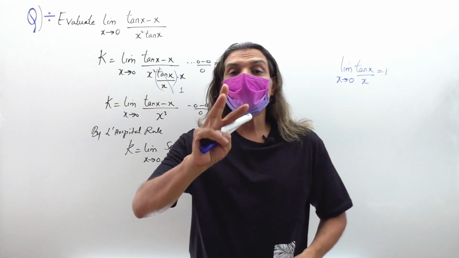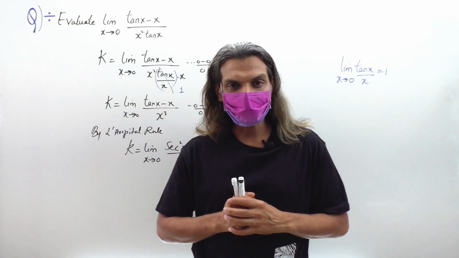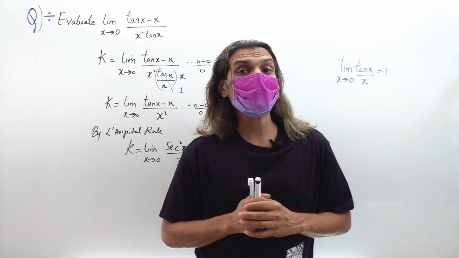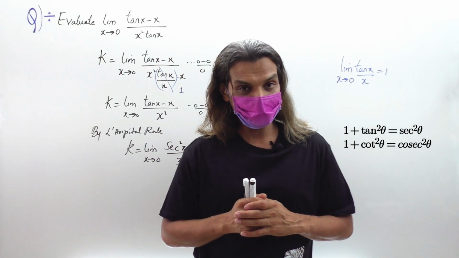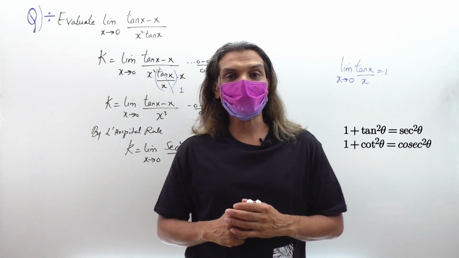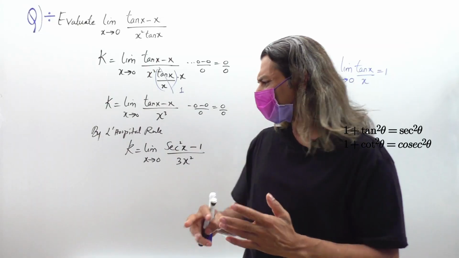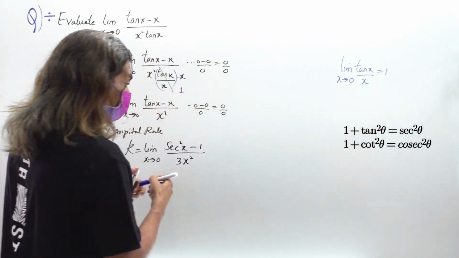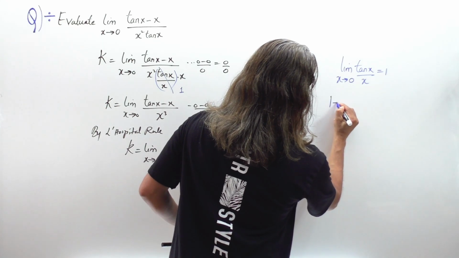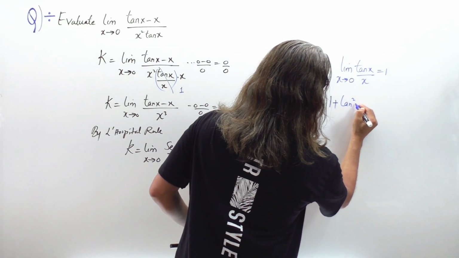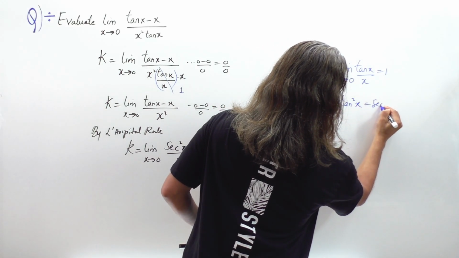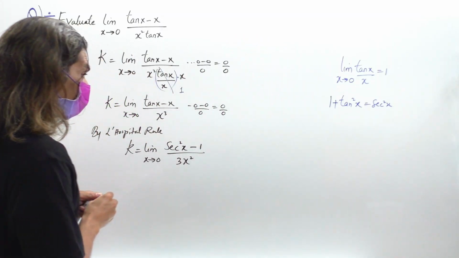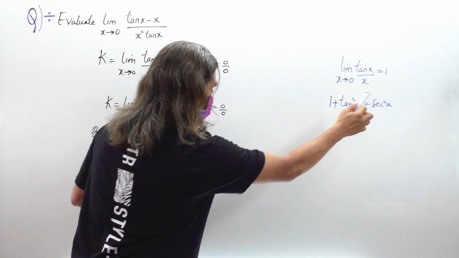Sin square plus cos square theta is 1. 1 plus tan square theta is secant square theta. And 1 plus cot square theta is cosecant square theta. So wherever you get terms like tan square, secant square, you can use those. So 1 plus tan square x is equal to secant square x. So what is secant square x now? 1 plus tan square x.